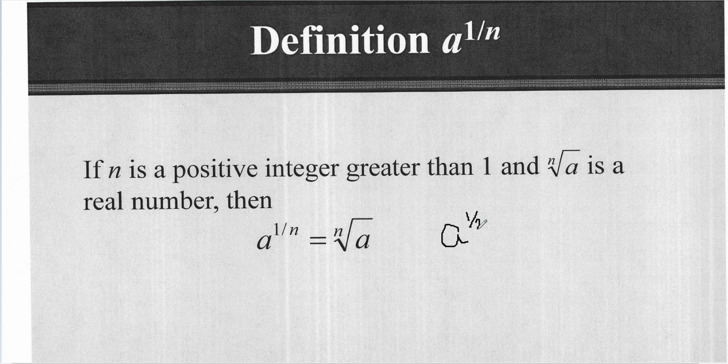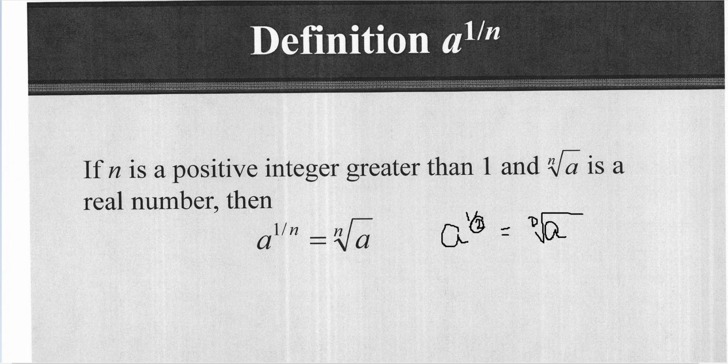Let's say n is 2, then this is the same as the square root of a. Notice where that index goes. The denominator, which is 2, becomes the index here.